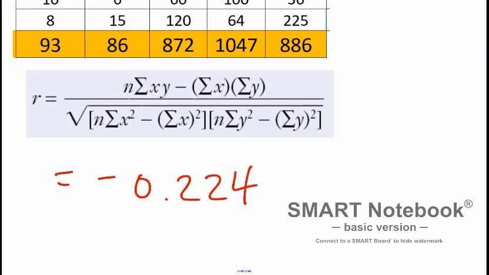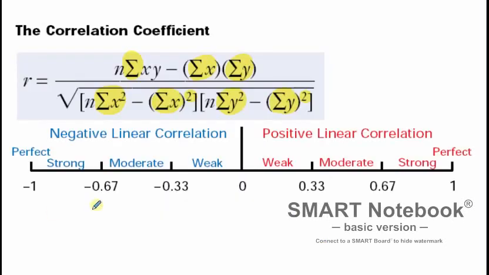Now, what does that number mean? Well, looking back at the spectrum here, negative 0.224 shows that there is a weak negative correlation.